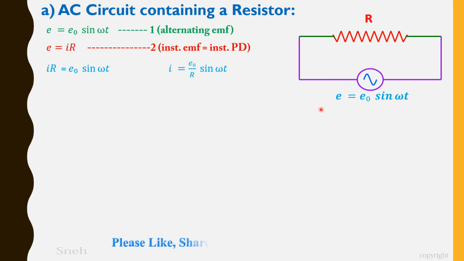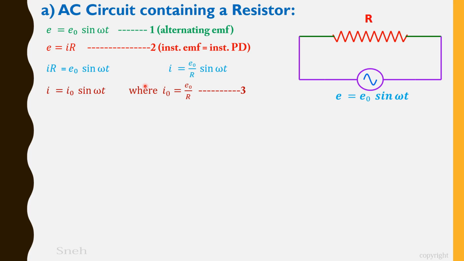So when I'm applying this alternating EMF, for this alternating EMF, how much is the current, that I want to find out, and I say that current I is equal to E0 upon R sine omega t. We know that we write this alternating current as I is equal to I0 sine omega t.